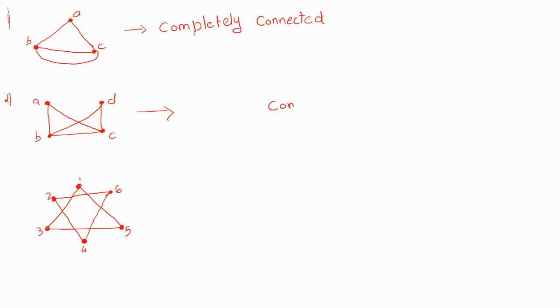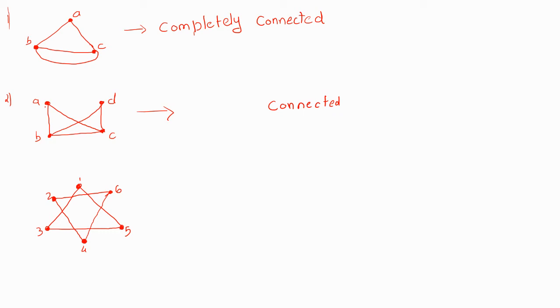Yes, this is connected. Now, the next question is whether it is completely connected or not, like the earlier example. What does completely connected mean? There must be an edge between each pair of vertices.